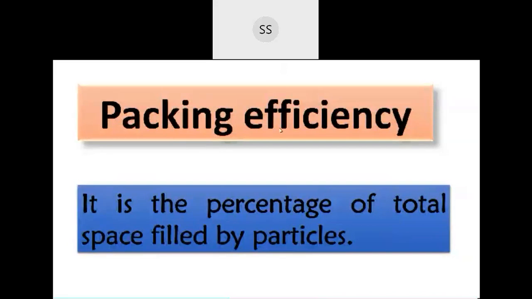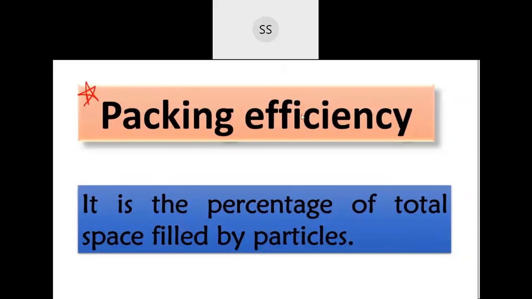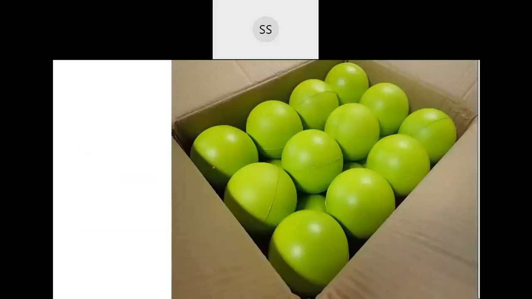Out of 100%, how much space is filled by the particles and how much space is getting wasted. We are going to calculate this for every kind of unit cell. Now before going to the whole calculation, first let us know how we are going to calculate this packing efficiency.